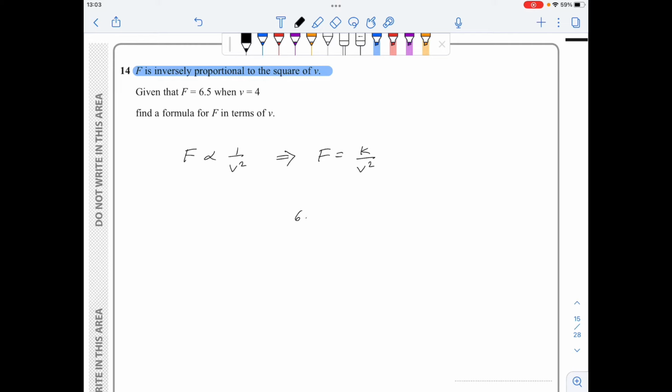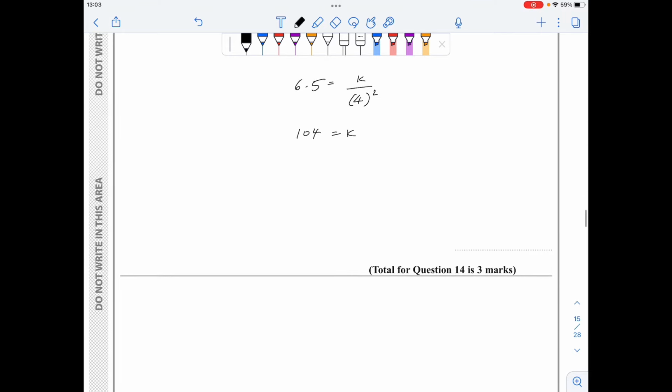So 6.5 is equal to k over 4 squared. So k comes out to be 104. So for my final answer, I'll write the formula f equals 104 over v squared. Make sure you put the f equals at the beginning.